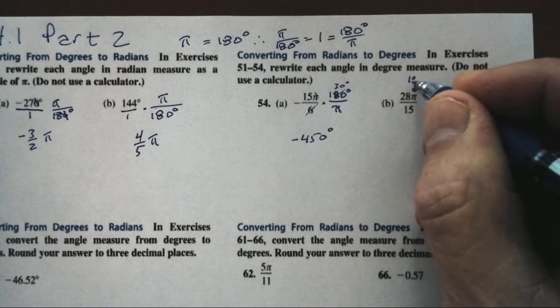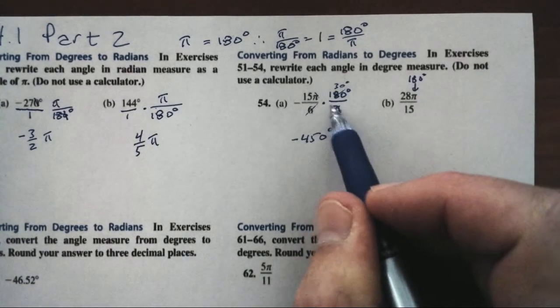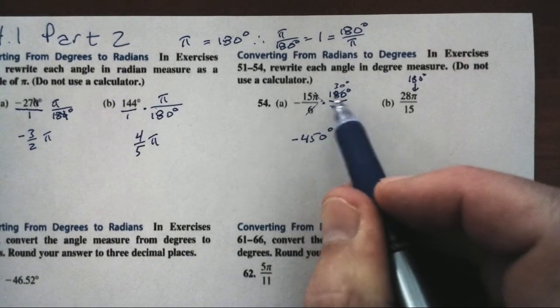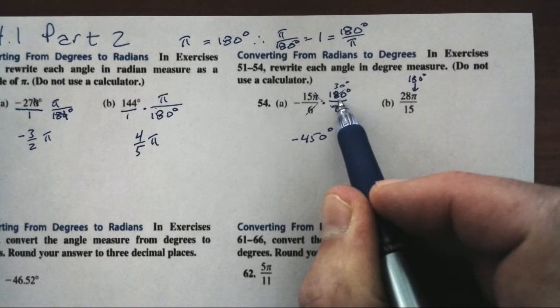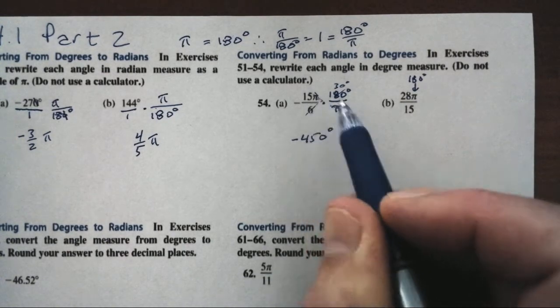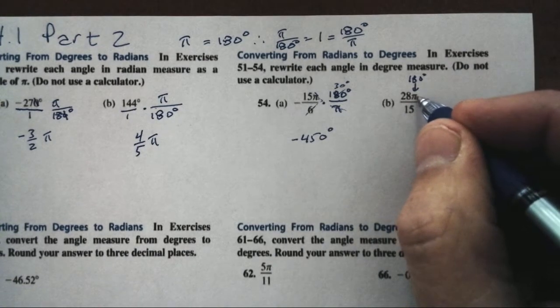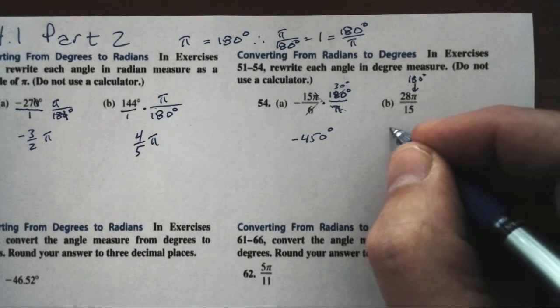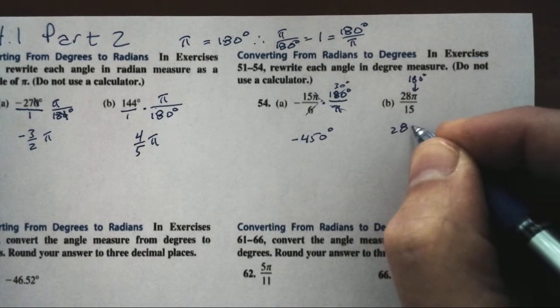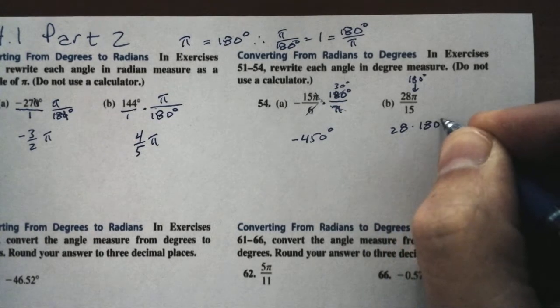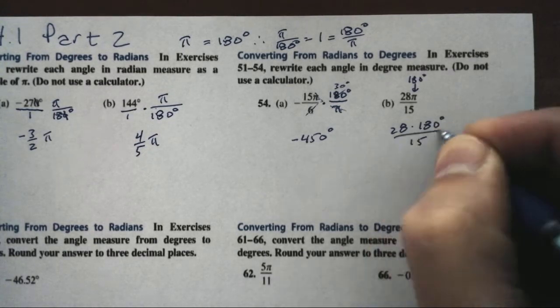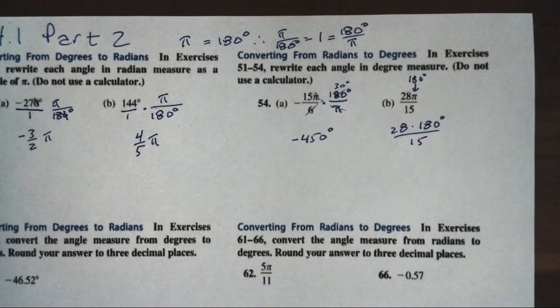When you have a pi included and you want to change to degrees, as we can see on the last problem, if there's a pi in there, we can cancel, and it looks like I'm replacing pi with 180, which makes sense because pi radians is 180 degrees. You could just do it like this, 28 times 180 degrees on 15.